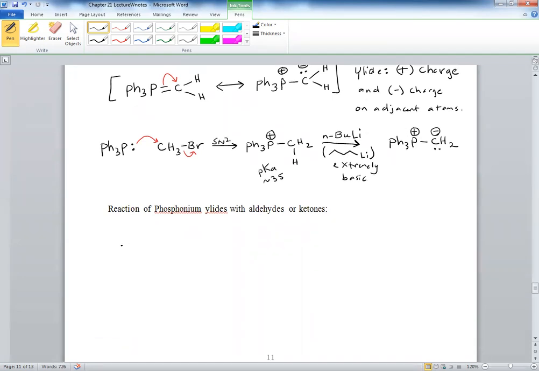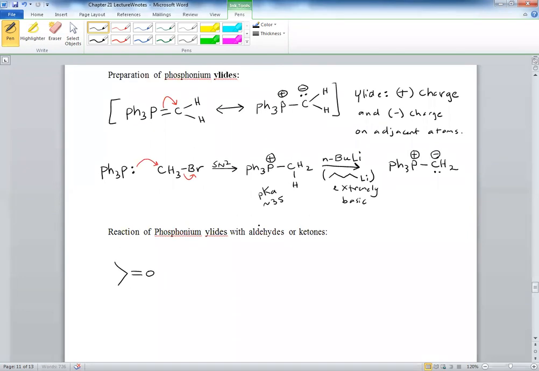So let's say you have a ketone or an aldehyde. This is delta minus. Those charges are extremely important. And this is delta plus. Oxygen is more electronegative. So what happens is that you align this with the ylide.